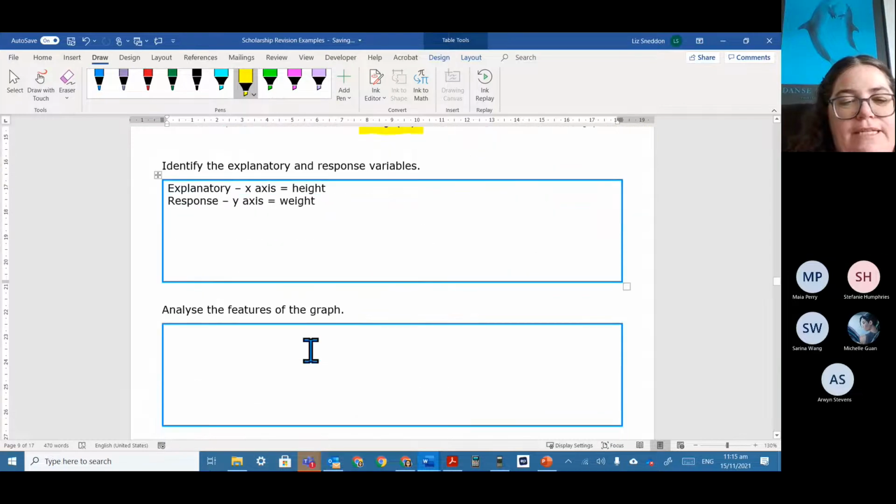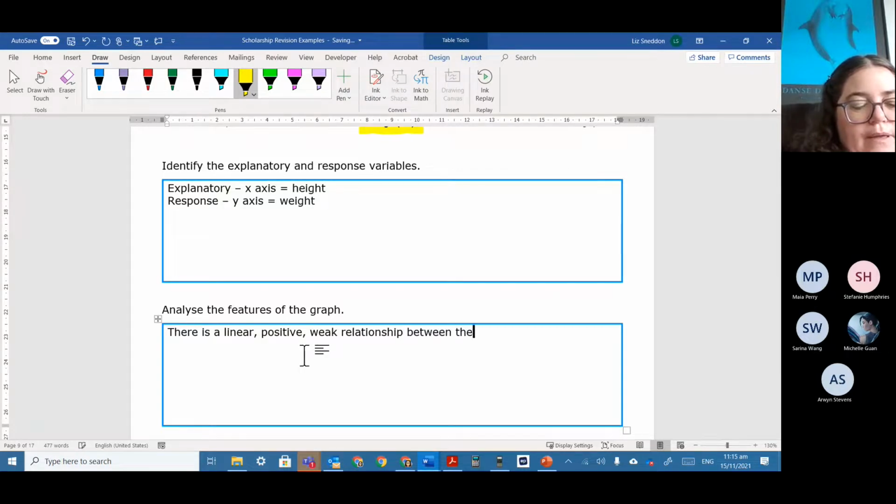Okay, so analyze our features. I'm going to say there is a linear, if I can spell, linear, positive, weak relationship between the height and weight of kiwis with constant variation.